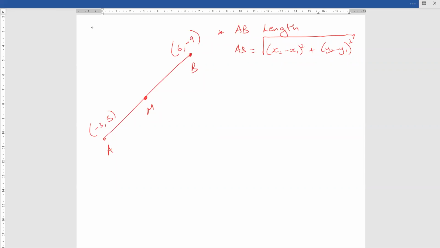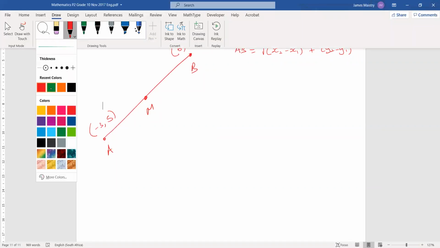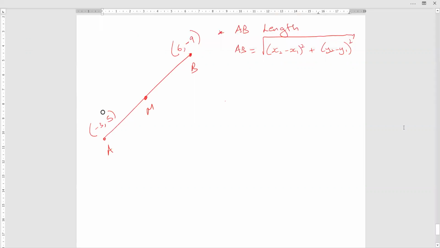I just want to change the color of my pen. The next thing that can come out, I'm not saying it's going to, but what you need to know is how to find the gradient. How do we find the gradient of AB? y2 minus y1 over x2 minus x1. Well done.